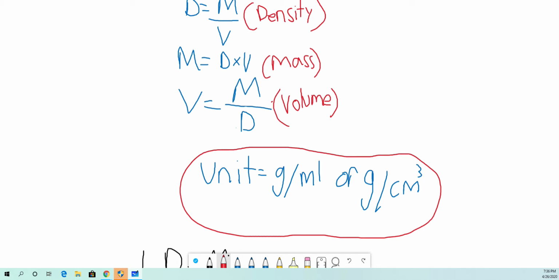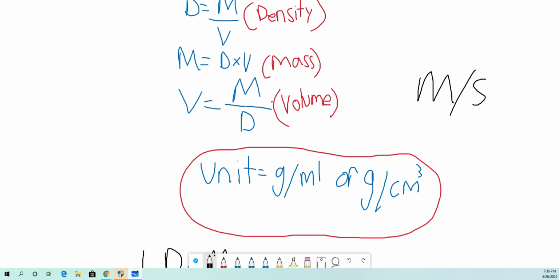The unit when asked to find density is either going to be grams per milliliter or grams per centimeter cubed. It depends on what unit your volume is. Recall when we were learning speed and velocity, our unit for the most part was meters per second, m per s.